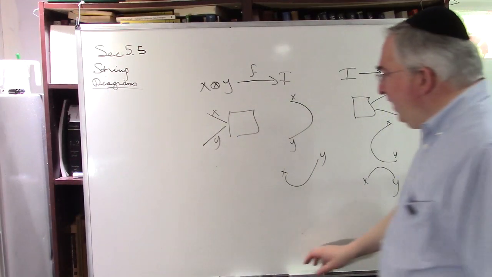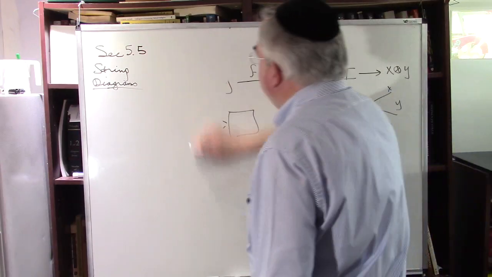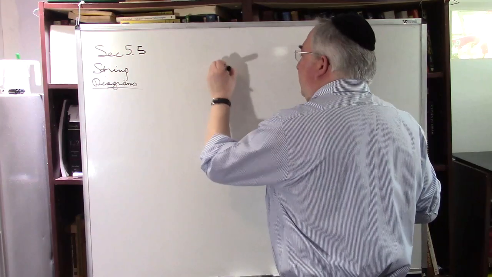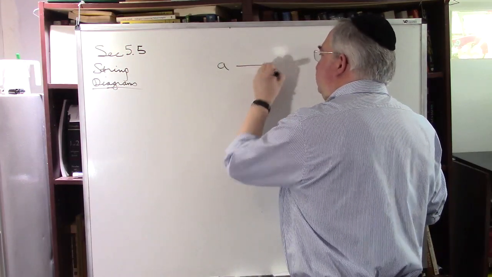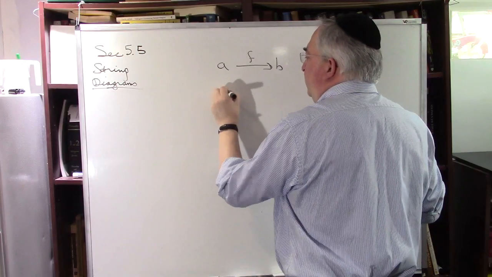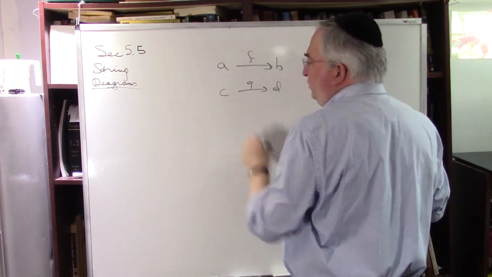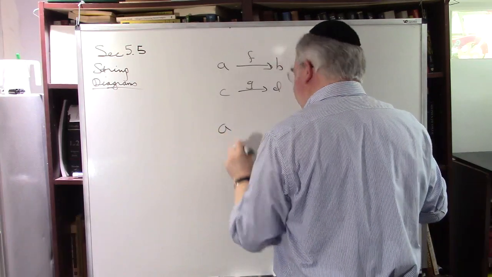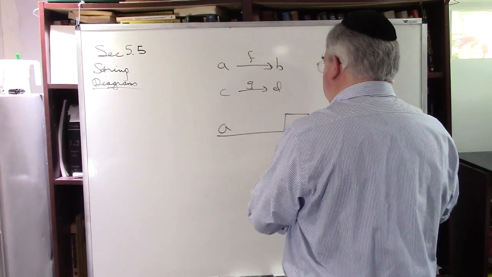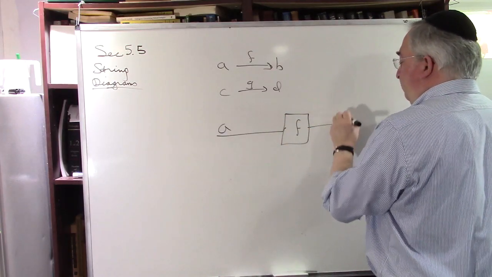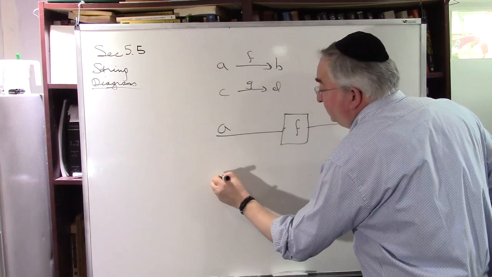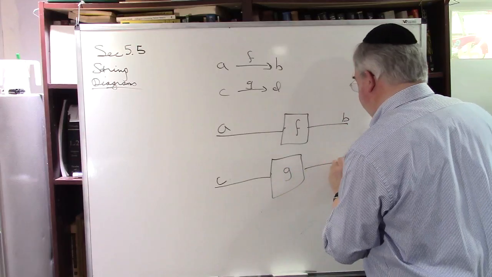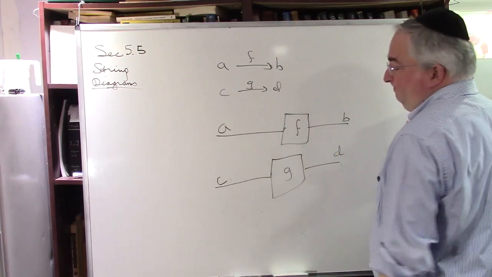Okay, great. We're not only interested in one operation, sometimes we're interested in 2 operations. So, for example, we can have A to B, that's one operation, and you can have C to D, that's another operation, and the way we'll describe them in string diagrams is A, F, B, and C, G, D, okay?